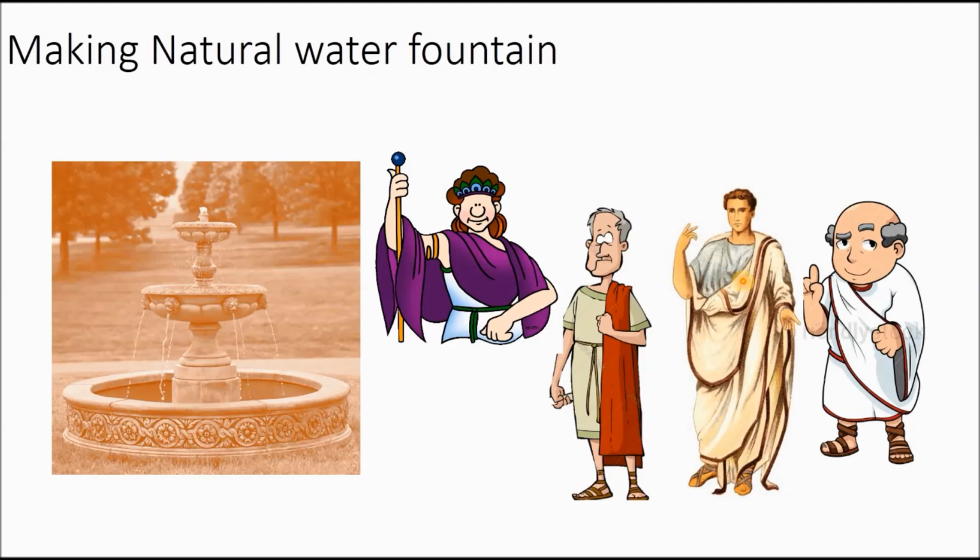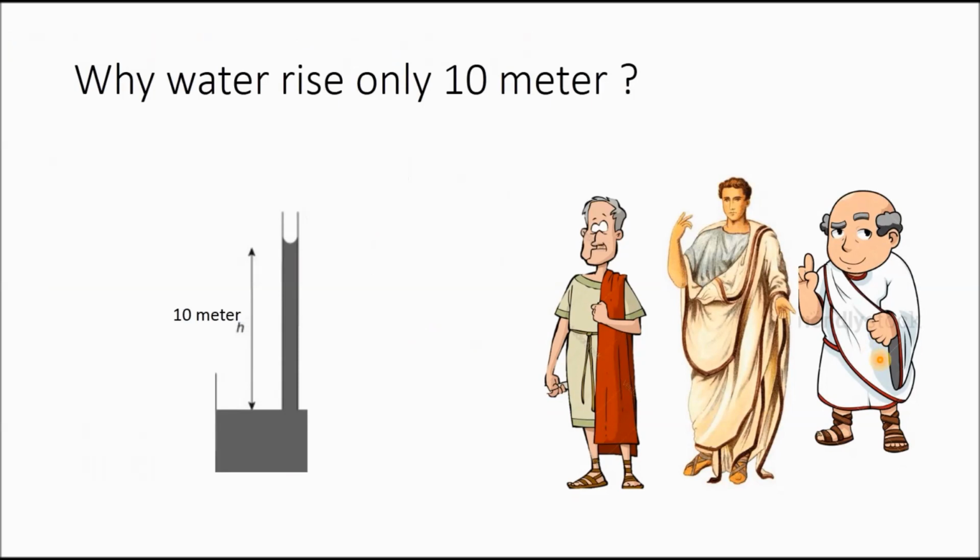All three people thought that okay, the king has given the order to us, and these three people started designing the fountain. When they designed the fountain, they were surprised. The water level is only rising 10 meters.